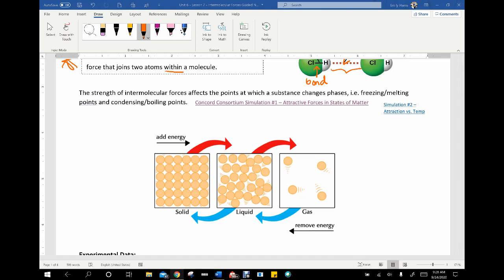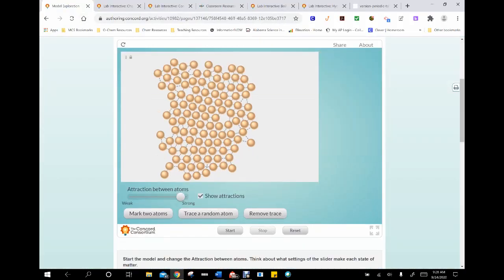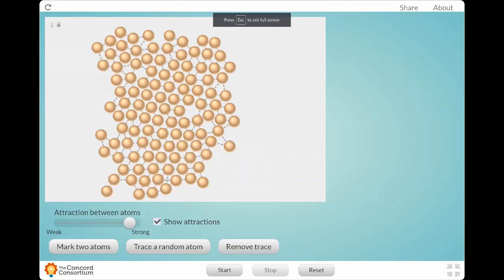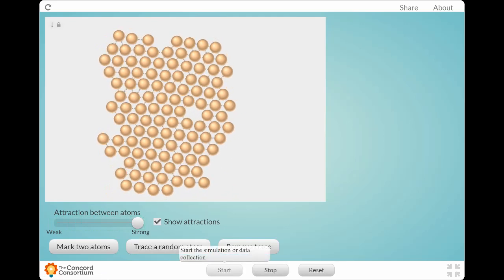So let's make a couple of observations via a simulation. In this simulation, we have some molecules represented as single particles, and we're going to be able to manipulate the attraction between them, from weak attractions to strong attractions. So let's go ahead and start the simulation.